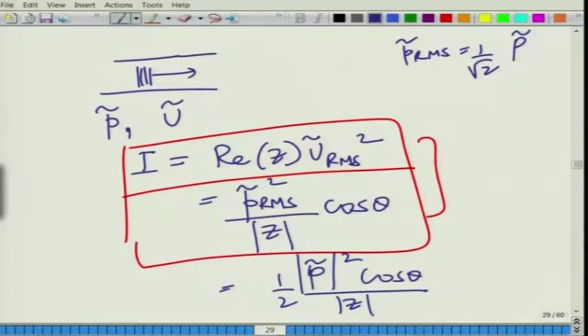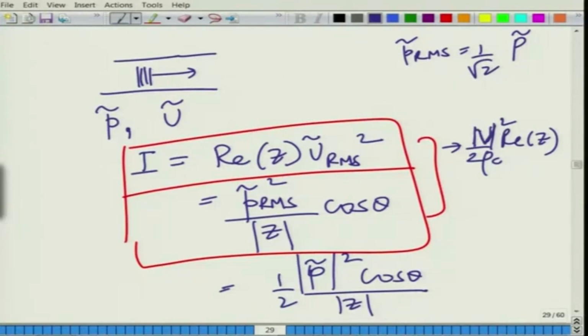Once we do that, we get this. Similarly, we can also get for this one half times real part of impedance times u square, and here the denominator can be density and S will be multiplied in the numerator too. So this can actually be the mass velocity.